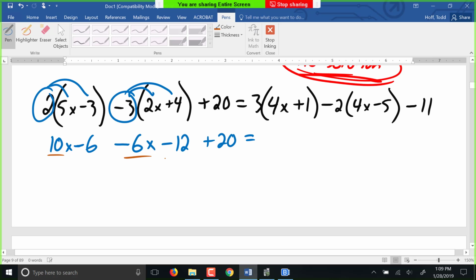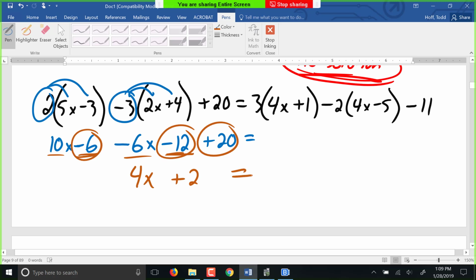Combine like terms, we're going to get 4x and, careful, 2. There we go. Negative 6 and negative 12 make negative 18 plus 20 is 2. Perfect. On the right side, where do we start?